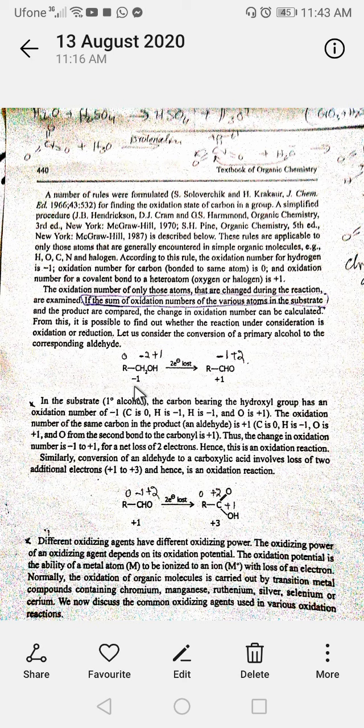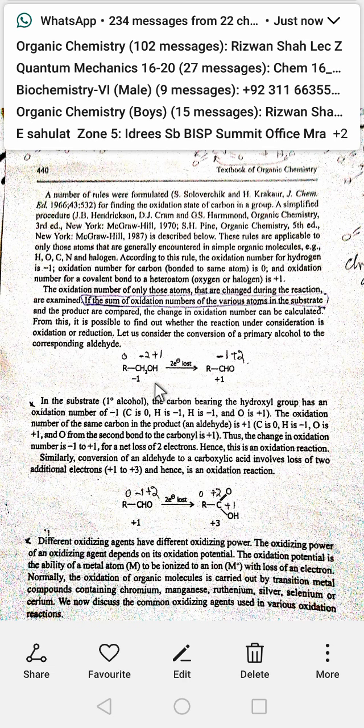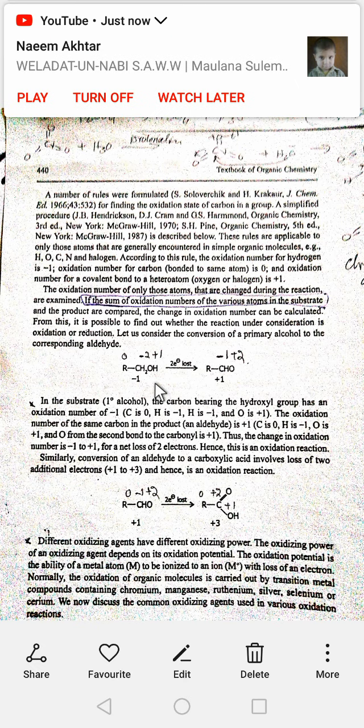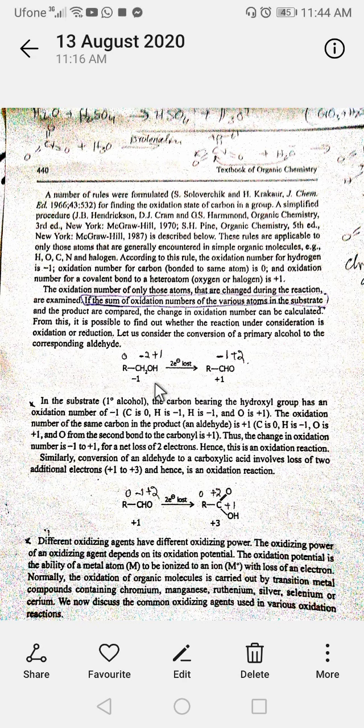That method is used in inorganic, particularly ionic compounds. Here in the covalent compound, more electronegative atoms as compared to carbon are given +1, for example oxygen, nitrogen, etc. These elements are given the +1 oxidation state.